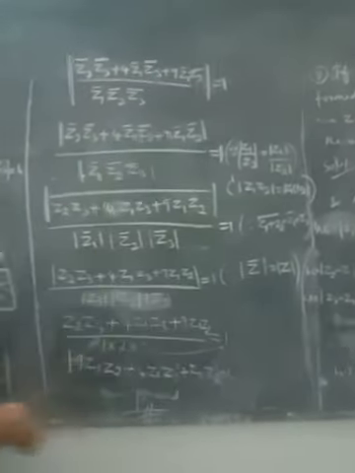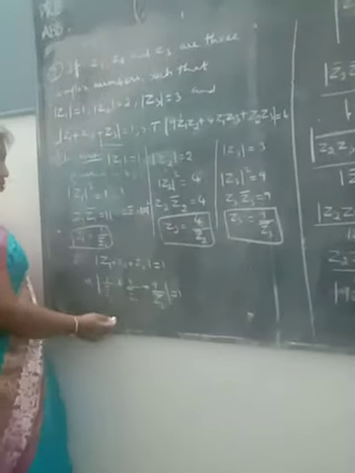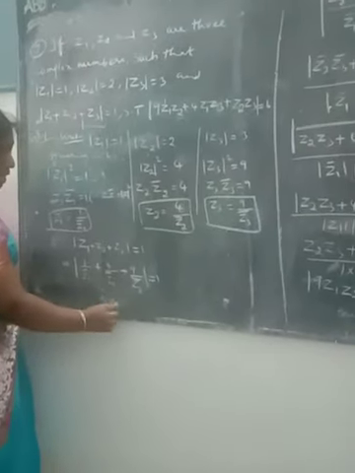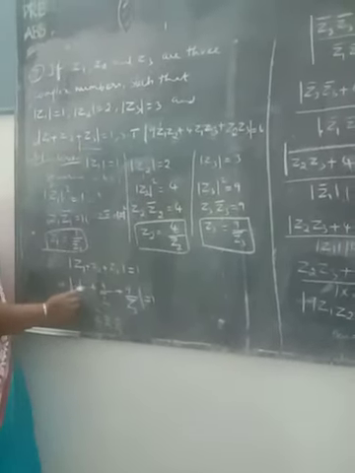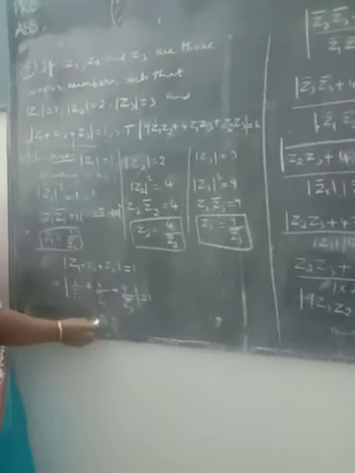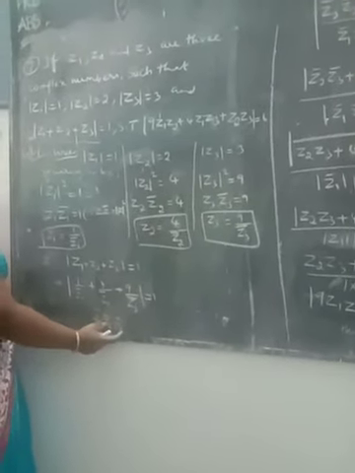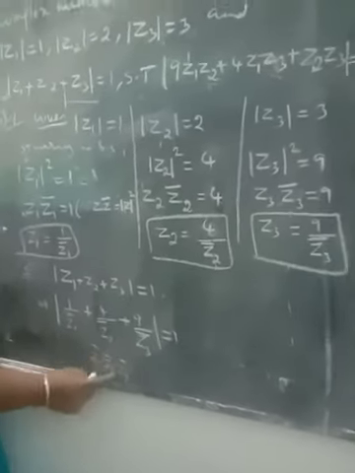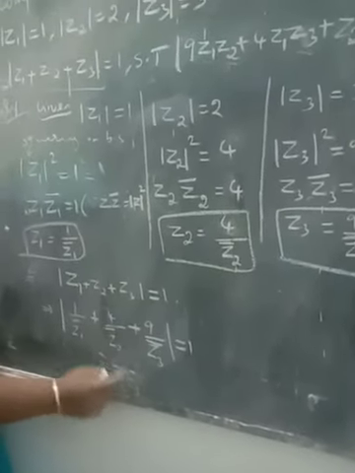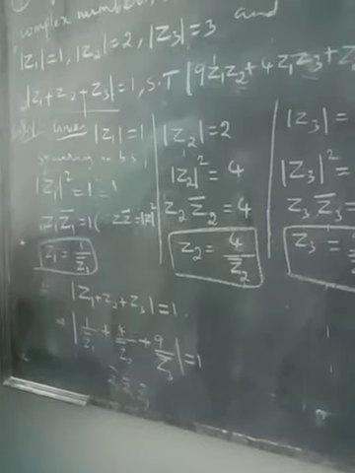How will you get? See, LCM is Z1 bar, Z2 bar, Z3 bar. See here, the denominator has Z1 bar now. So, what is the remaining one? Z2 bar into Z3 bar. So, write it here. Then for 4 by Z2 bar, the remaining is 4 into Z1 bar, Z3 bar.